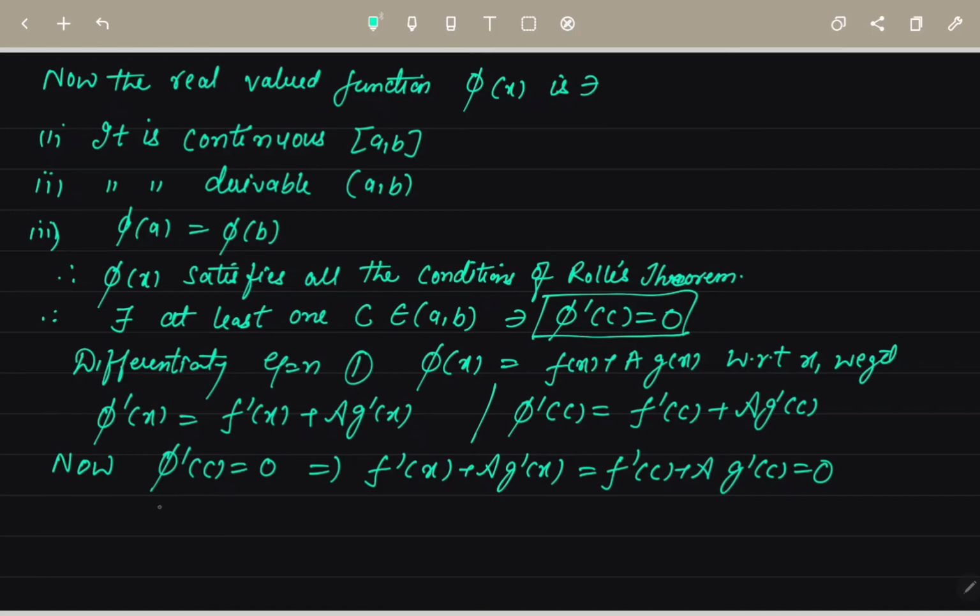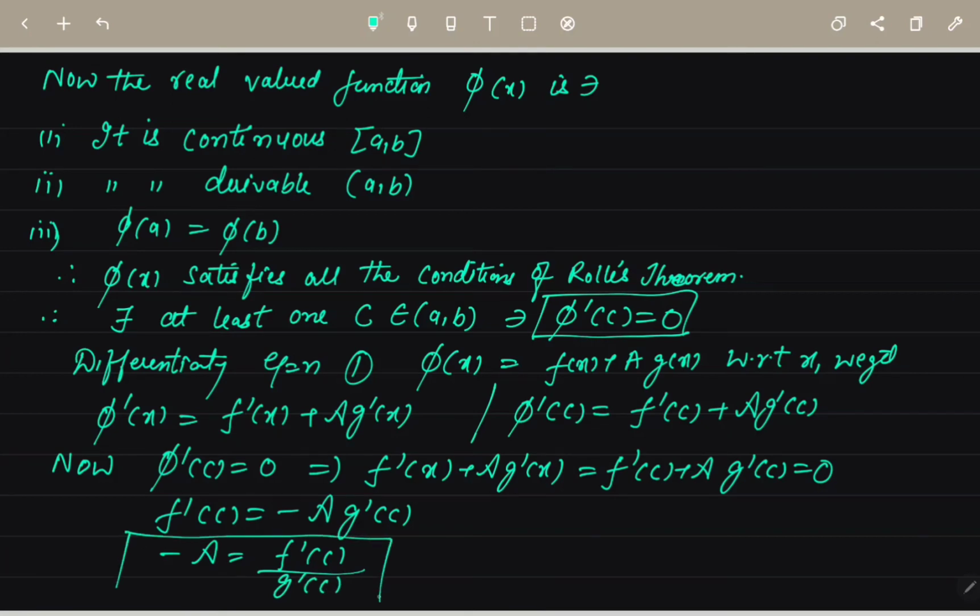So from here f dash c is equal to minus a into g dash c, and minus a is equal to f dash c divided by g dash c. So this is the second value of a.